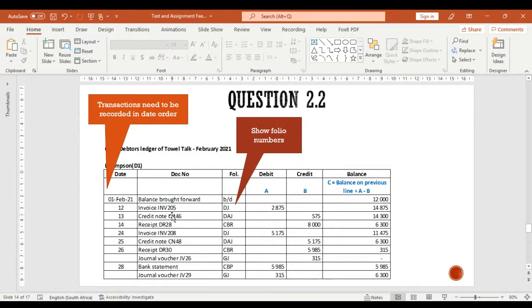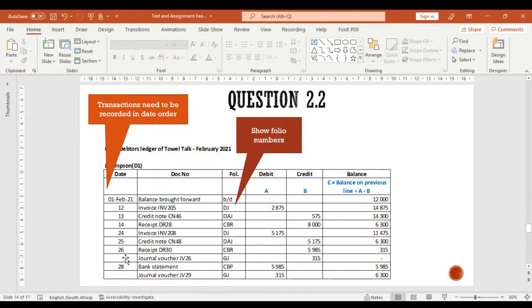Okay, so for L. Simmons, what you had to do is look at all the journals and take the individual transactions specifically for that debtor. If it is a sale or something that was sold to them, you would increase their balance. If it is something they returned, you would decrease it. If it's a payment they made, you would decrease it, and you would account for it.